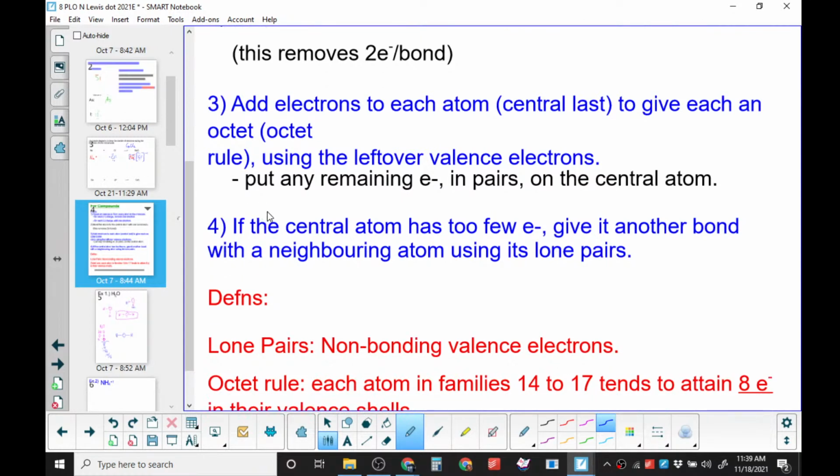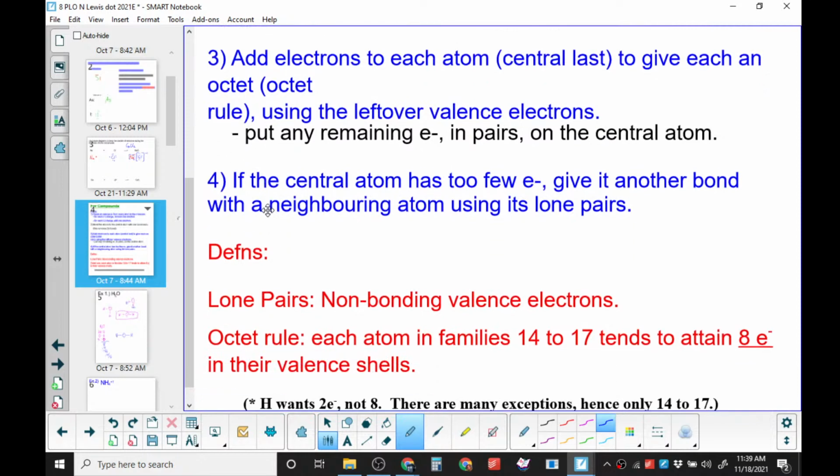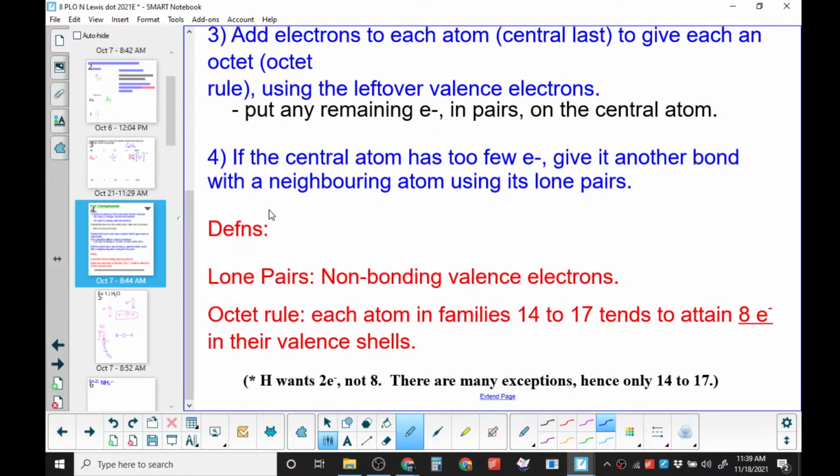I am going to stop me or scream if I'm going too far. Our definitions: lone pairs, non-bonding valence electrons. Octet rule: each atom in certain families, which are essentially these families. And actually mostly only these ones.